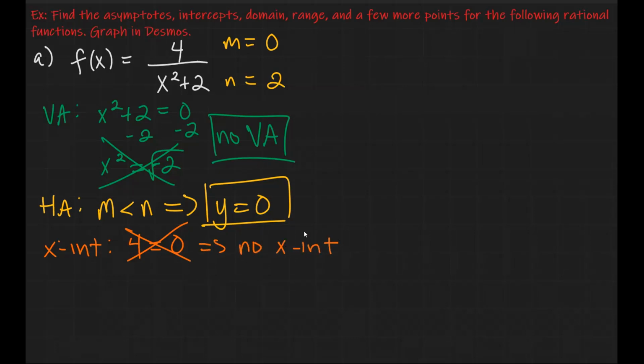Okay, and that makes sense with what we found so far. It makes sense with the fact that we have a horizontal asymptote at y equals 0. y equals 0 is the x-axis. If you have a horizontal asymptote there, I can't really touch it, which means I don't have an x-intercept.